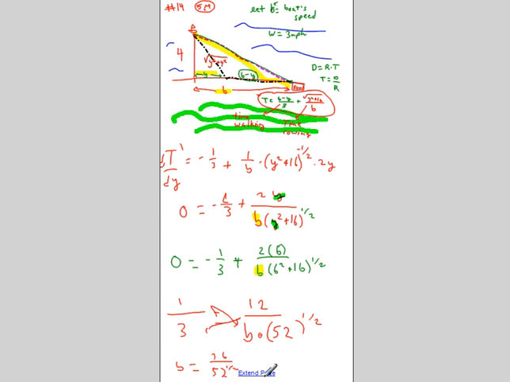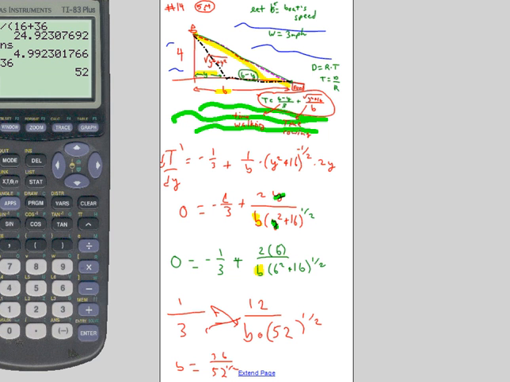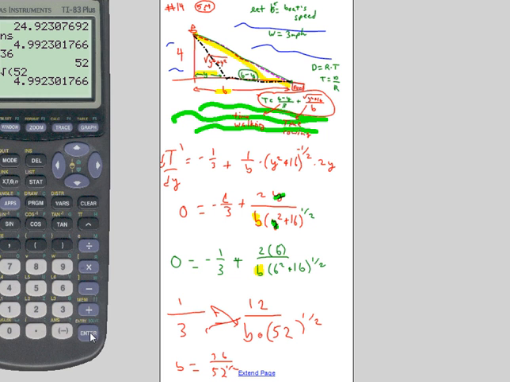And what does that equal? I have no idea. We have 36 divided by the square root of 52, something about 5. Yeah, 4.99999. So we'll say 5.